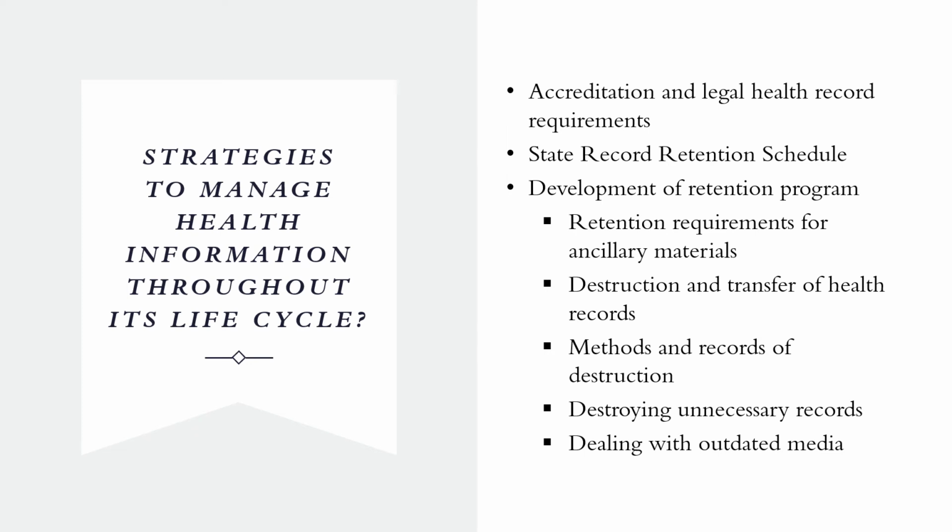So our retention program should include retention requirements for ancillary materials, destruction and transfer of health records when necessary, methods and records of destruction, the process for destroying unnecessary records, and then how we are going to handle dealing with outdated media. These are all of the things that we need to think of when developing a strategy to manage health information throughout its life cycle.